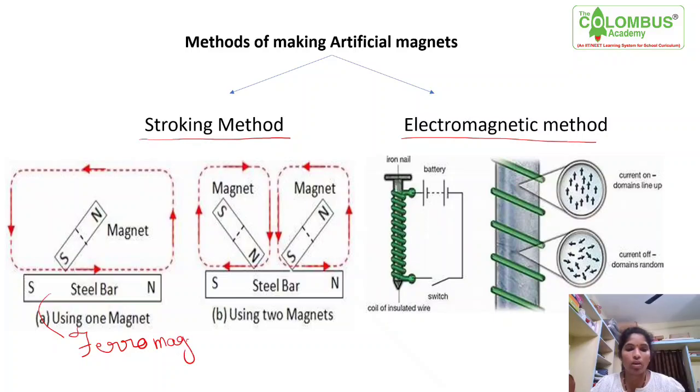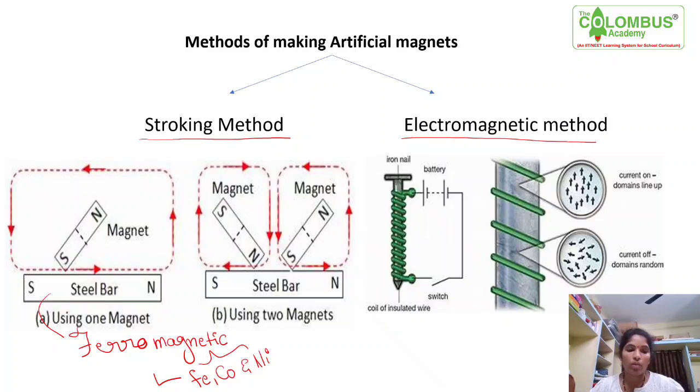What is ferromagnetic material? Iron, cobalt, and nickel together we call ferromagnetic materials, which have magnetic property.